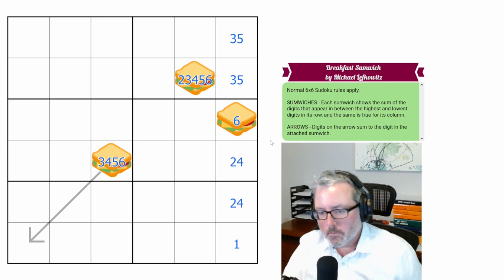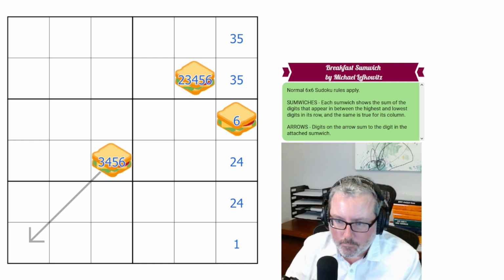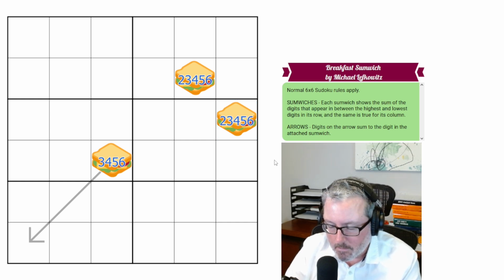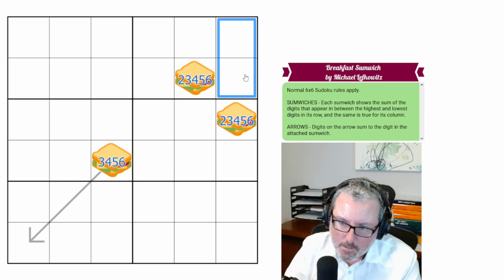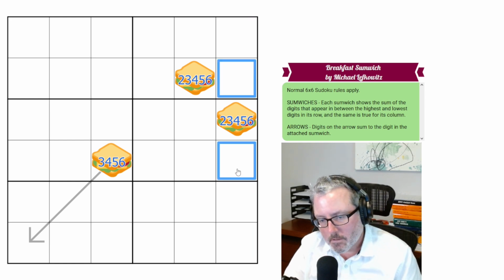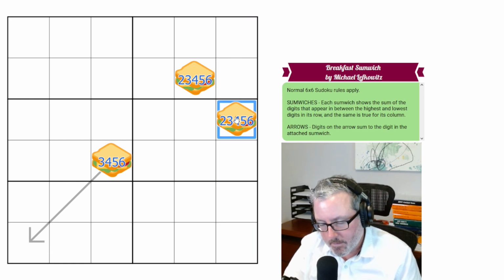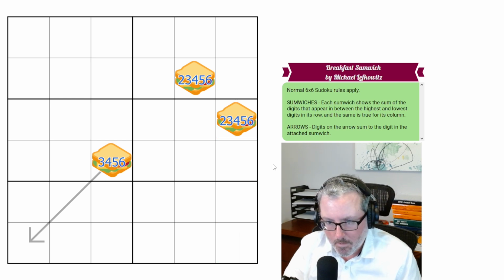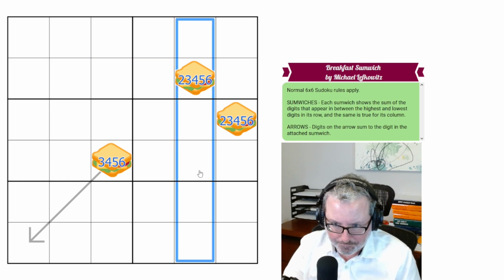But I want to try to avoid doing something like this and see if there's any other logical way to figure this out. Because I think what I said is it's either 1, 6 like this, or this is a 6 and this is a 1. Those are the options.